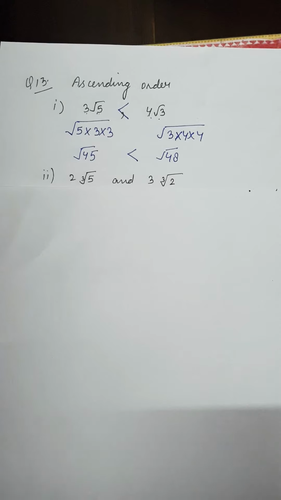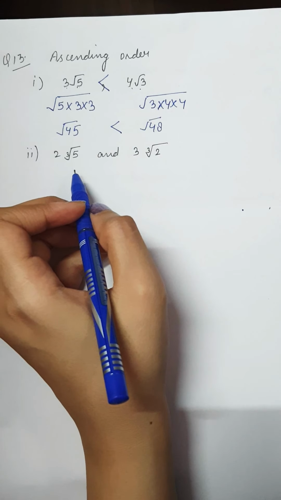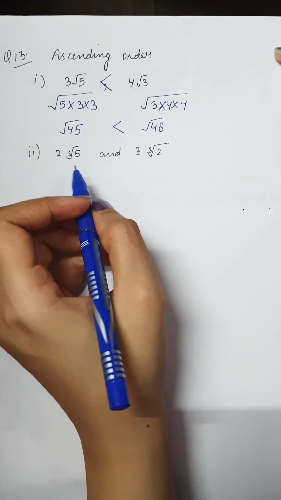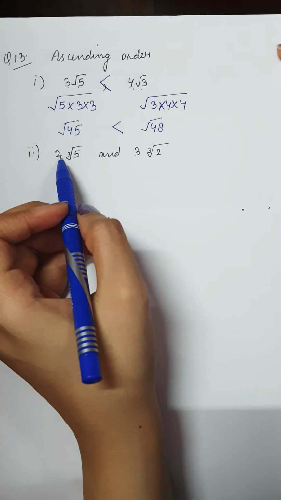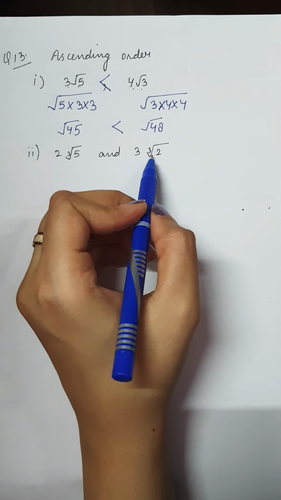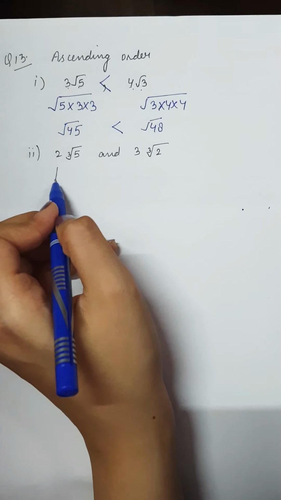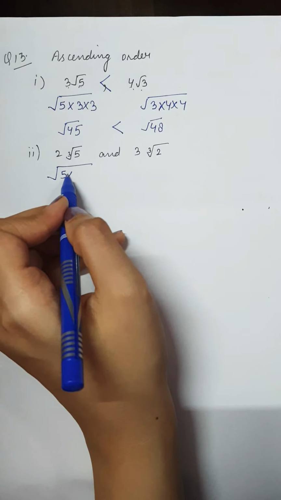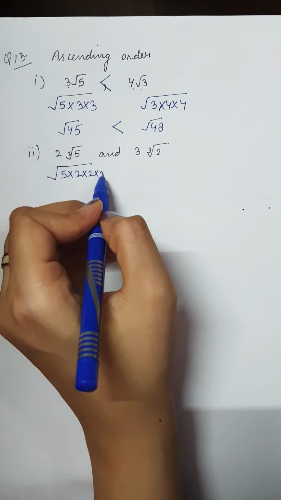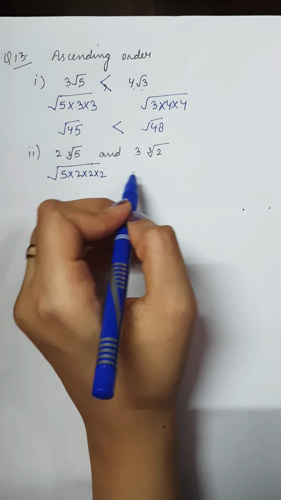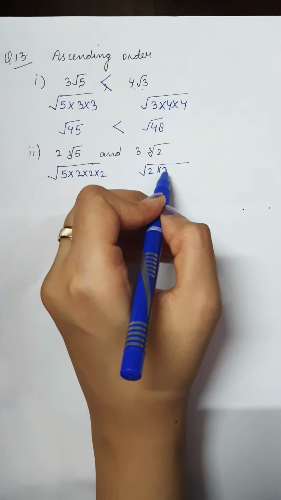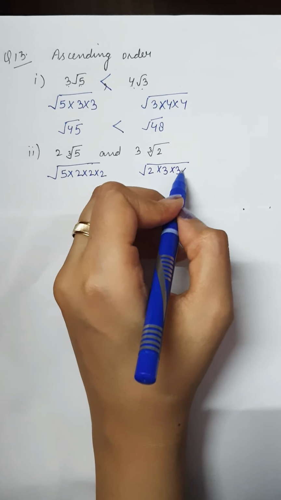Next, now we have to arrange this in ascending order. So now I will shift this 2 inside. Now this is a cube root, and this is also a cube root. So when I shift, I have to write this number 3 times since this is a cube root. Same way I need to write this number as a cube root, 3 times.